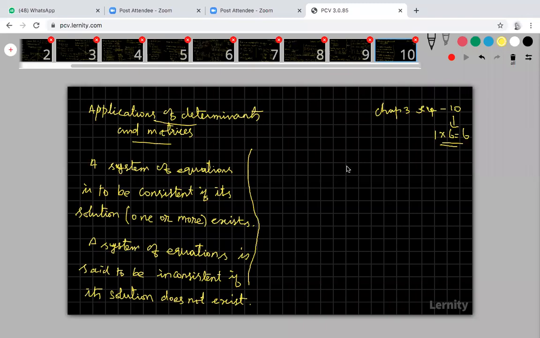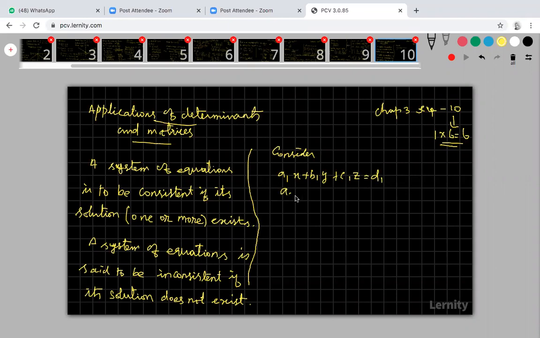Okay, right. Now consider the system of equations: a1x plus b1y plus c1z equal to d1.